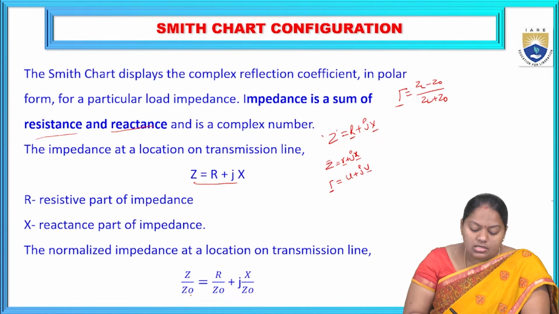So Z by Z0 is replaced by Z bar, R by Z0 is replaced with small r, and X by Z0 is replaced with small x. Hence, it can be written as Z bar equal to r plus jx.